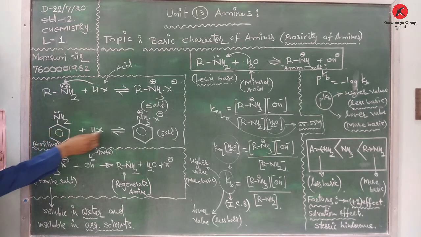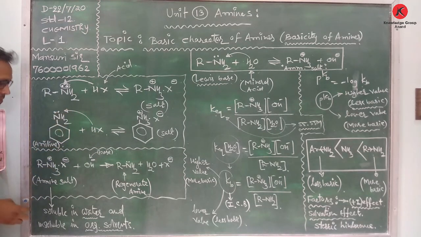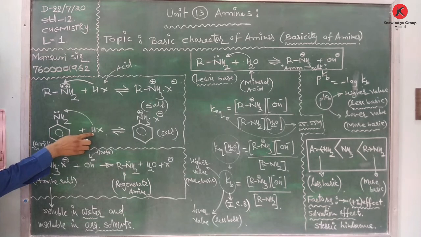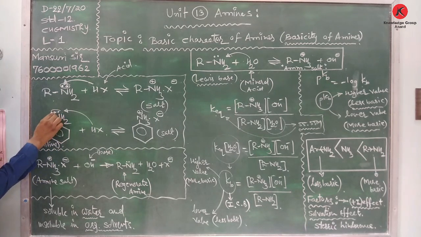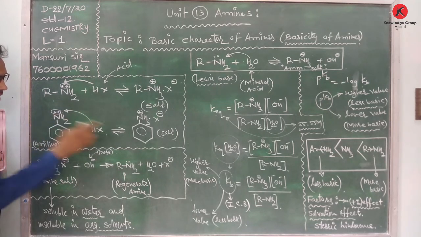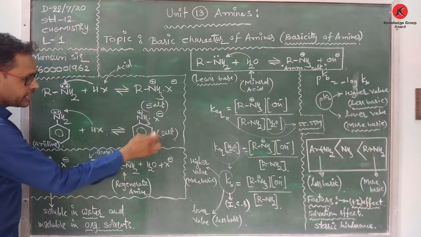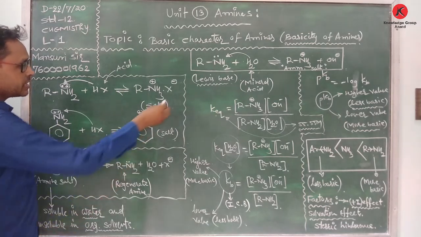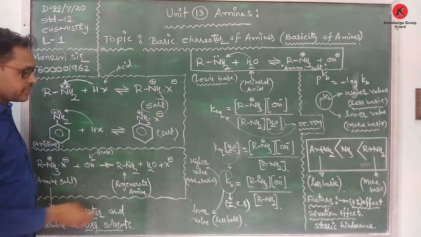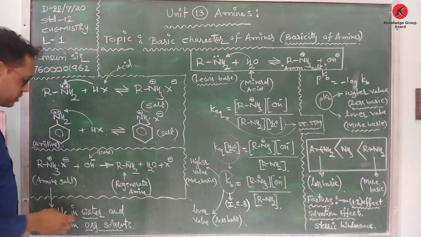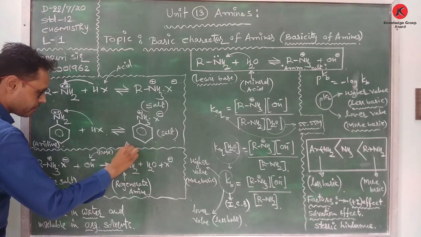Now aniline reacts with HX, then the H plus proton is attracted toward the lone pair electron of the nitrogen. That is why they form anilinium salt. This is ammonium salt and this is anilinium salt.